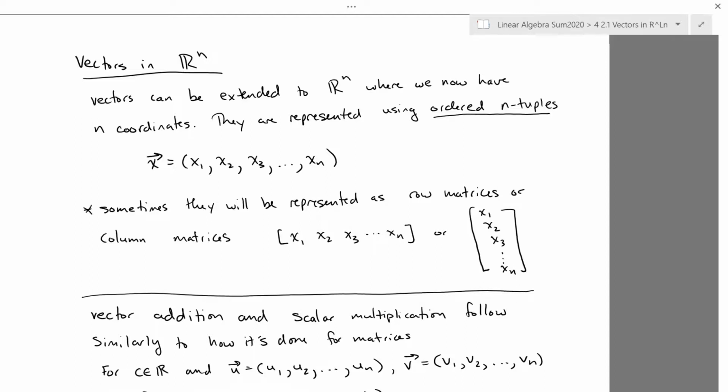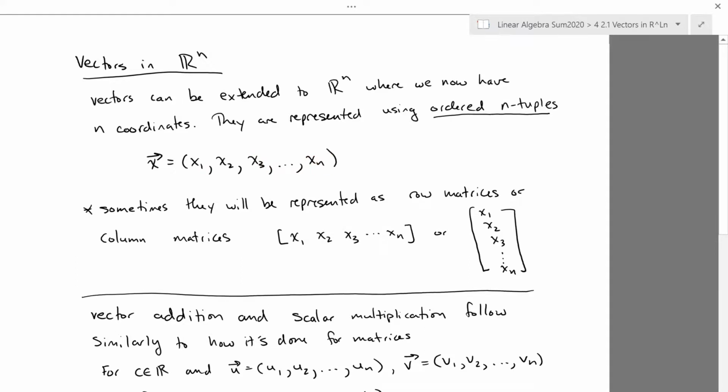So in n-dimensional space, Rn, now we represent vectors by ordered n-tuples. And instead of using different letters for all the coordinates, because you might have many different coordinates, we use the subscript notation. So the vector x has coordinates x1 in the first coordinate, x2 in the second coordinate, x3 in the third coordinate, and so on.